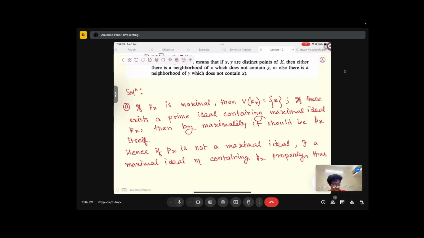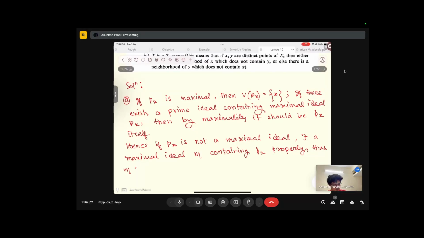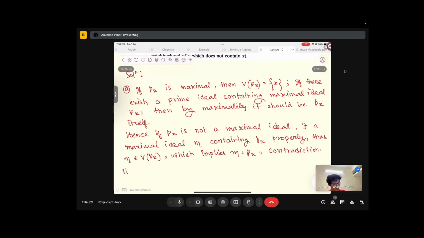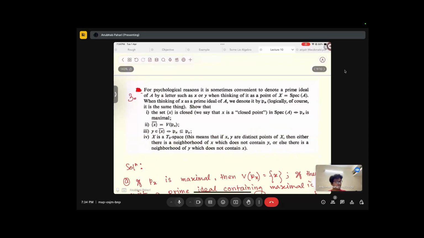Thus M is in V(p_x), which implies M equals p_x, which is a contradiction. Hence p_x is maximal.